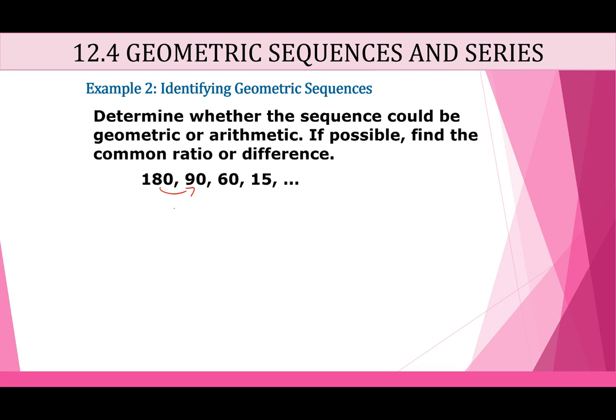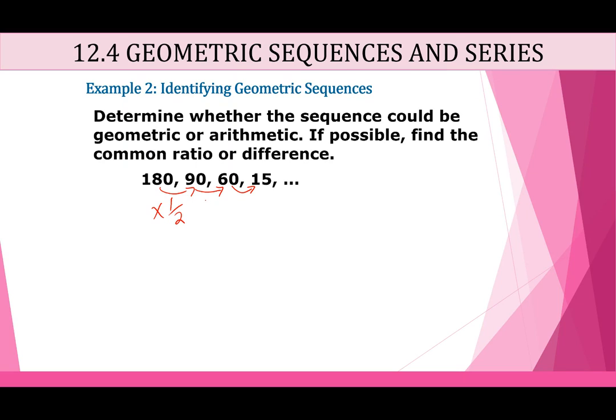So this one, 180 to 90, 90 to 60, 60 to 15. If I was thinking arithmetic, 180 to 90 is subtracting 90, and then 90 to 60 is subtracting 30. So it's not arithmetic because these are not the same. So it could be geometric, but 180 to 90 would be multiplying by 1/2.